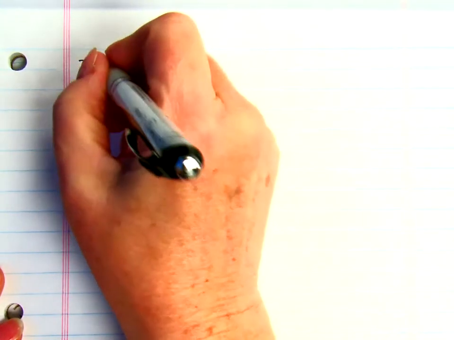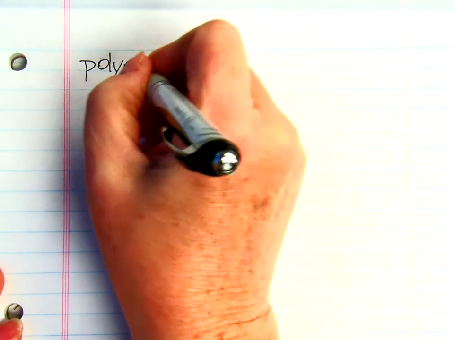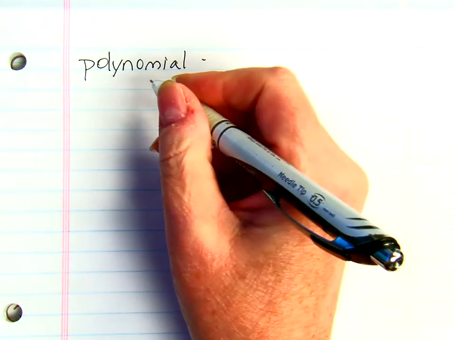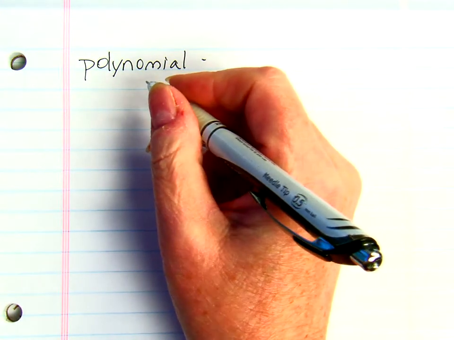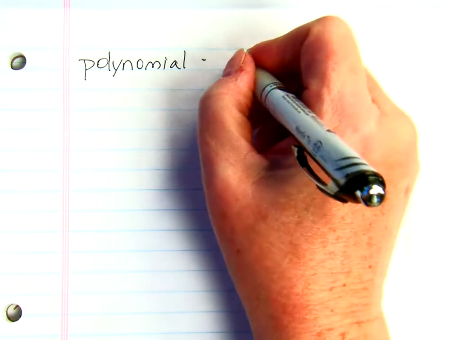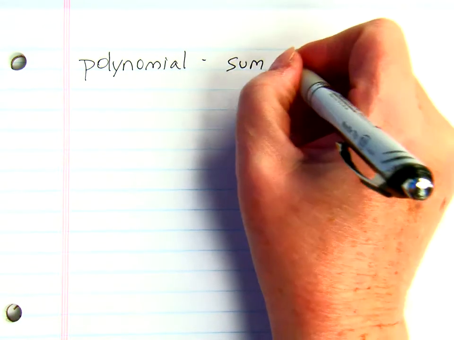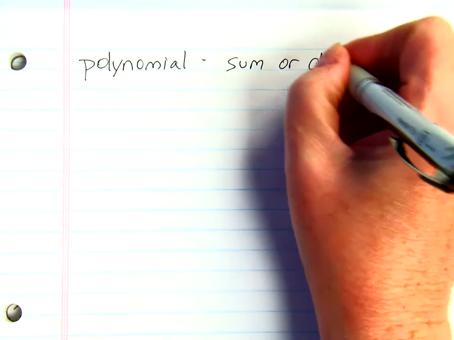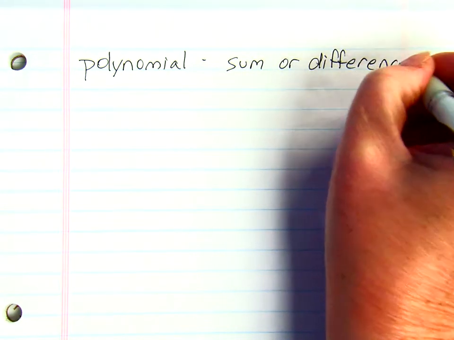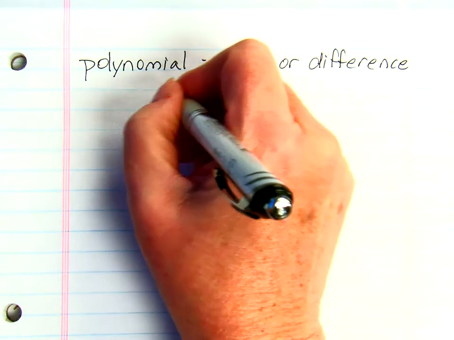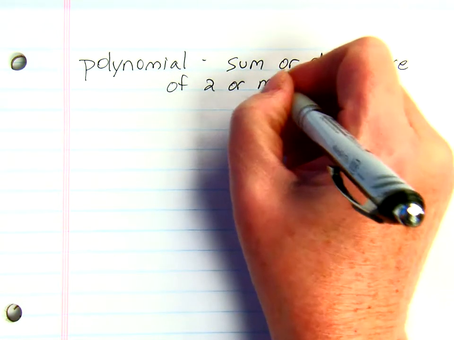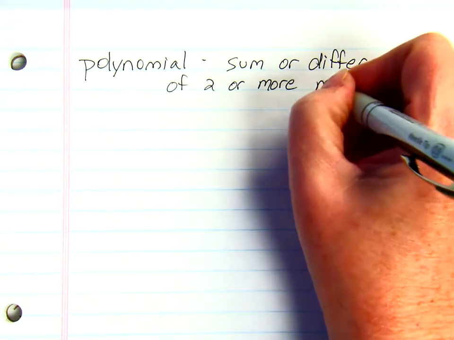A polynomial is the sum or difference of two or more monomials.